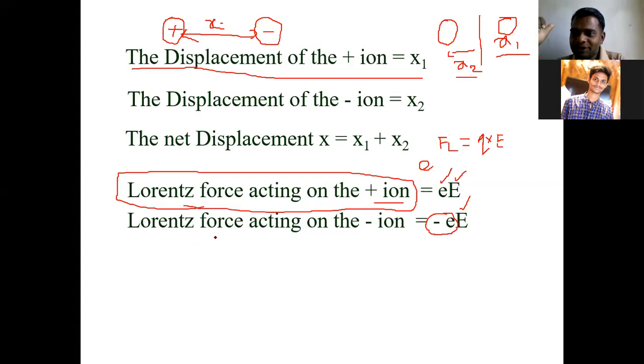Now, what is this compressing force called here? After removing the external force, the body will get back its original position. That is why the body restores. That force is called the restoring force.